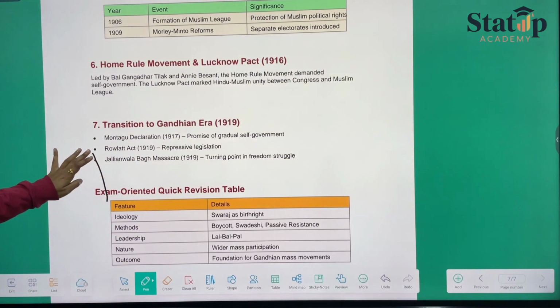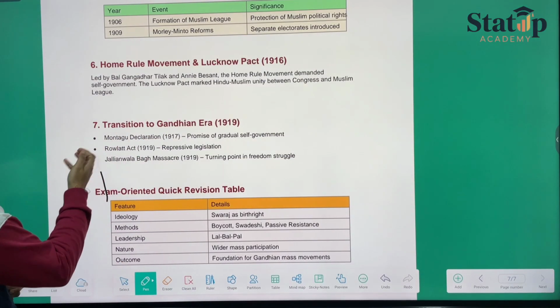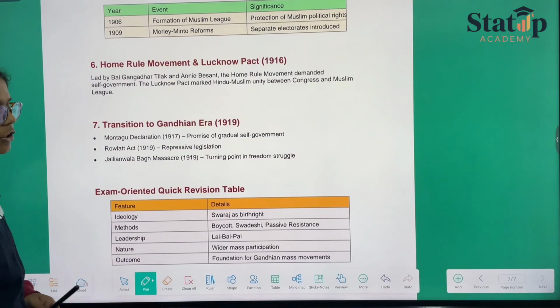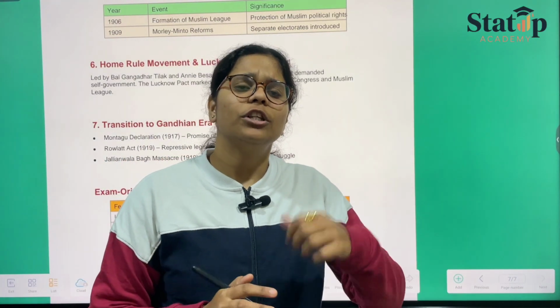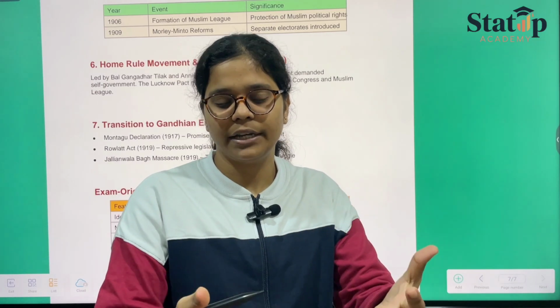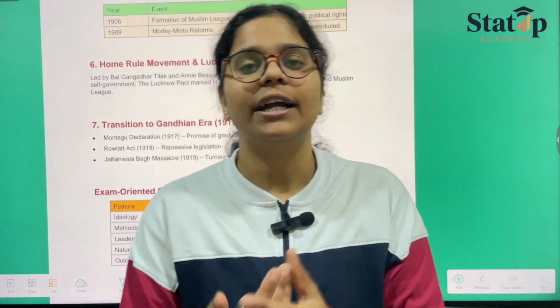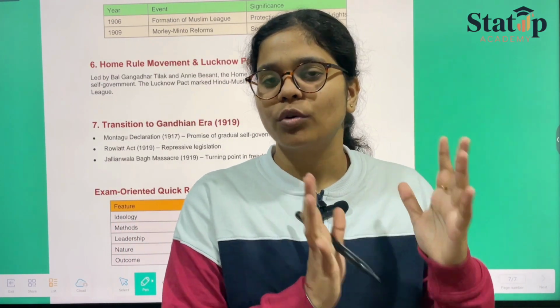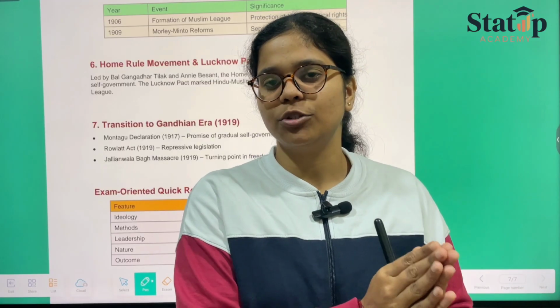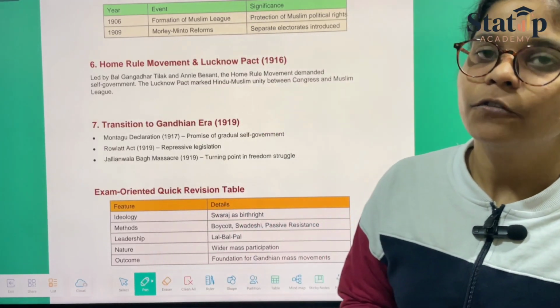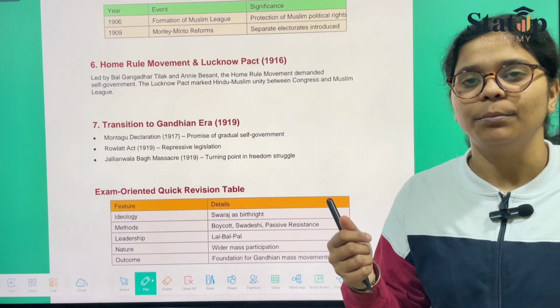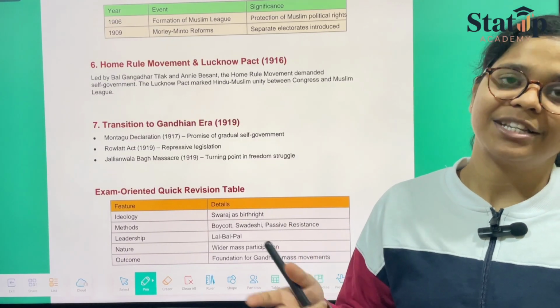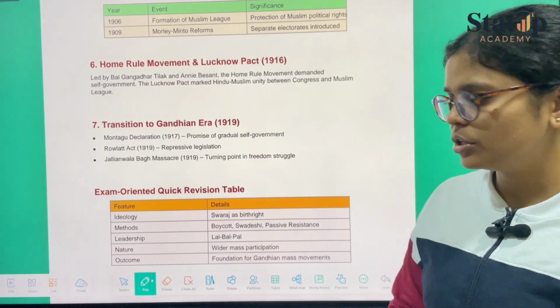Then the exam-oriented thing that we have over here is, first of all, the ideology. Ideology is nothing, we just want freedom. First of all, Swaraj was presented before the government, that we want Swaraj. Later on, Swaraj was changed to the Poorna Swaraj movement, which was also demanded from the British. The methods that we followed were the boycott, Swadeshi, and passive resistance, including the national education system.